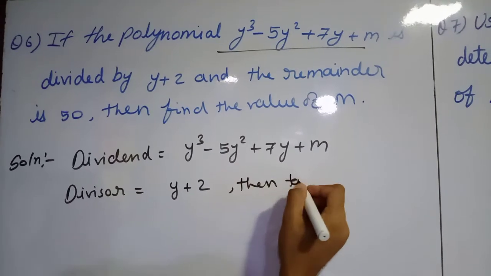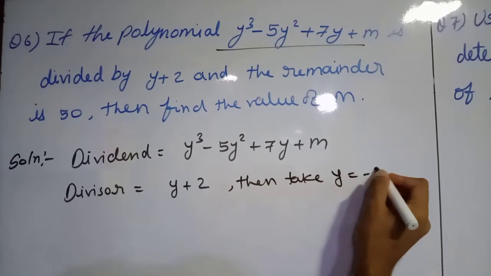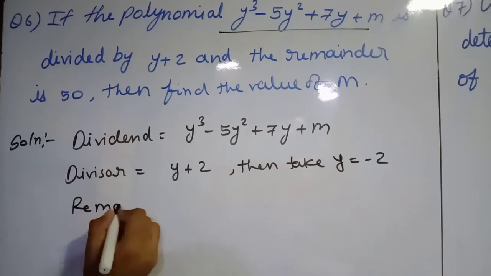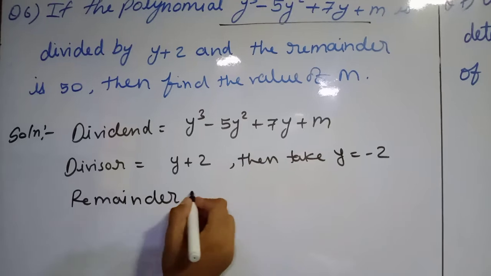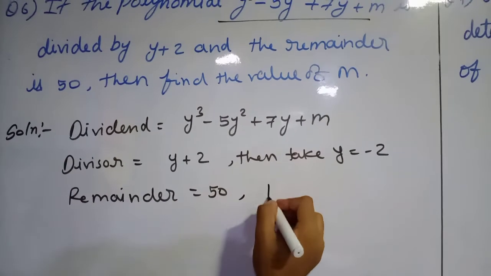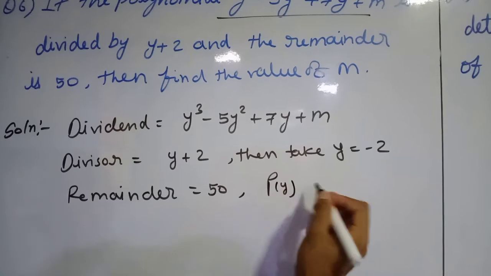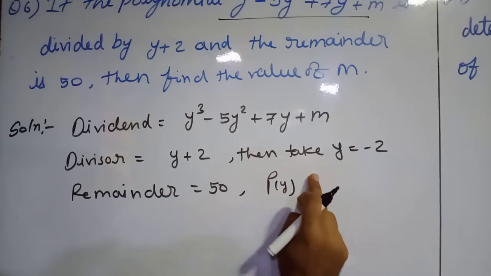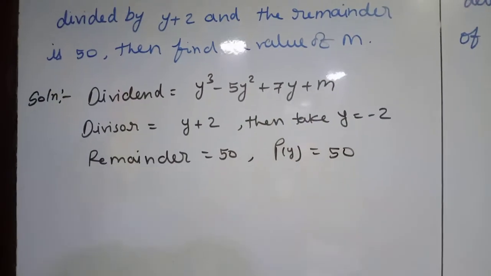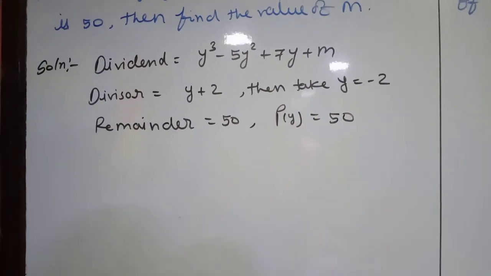Then take y is equal to minus 2. We have the remainder. Remainder is equal to 50. Means at the place of p(y) we have 50. Yes, so let's start.